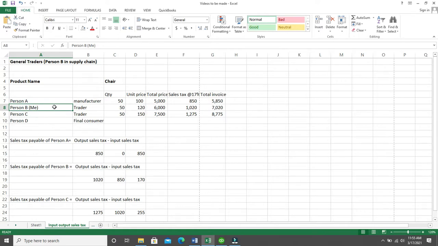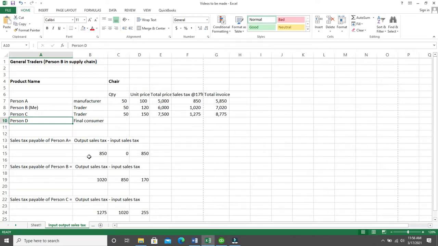I shall purchase these chairs from person A, that is the manufacturer, and shall sell these chairs to my customer, which is person C, and person C shall again sell these chairs to his customer, which is person D. But person D is the final consumer of these chairs, because he shall not sell this chair, he shall use it for his own consumption.